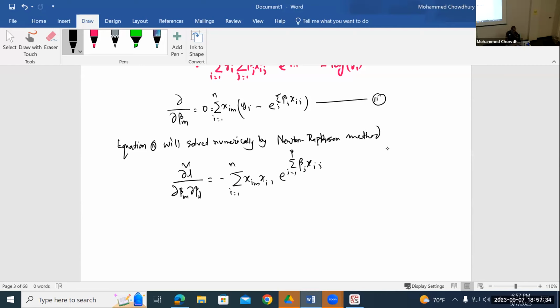That's the way. And then after that, our Hessian matrix is obtained, which is the second order derivative with respect to each of the parameters. Then the diagonal elements will give you the variance, and the off diagonal elements will give you the covariance, in order to compute those things.